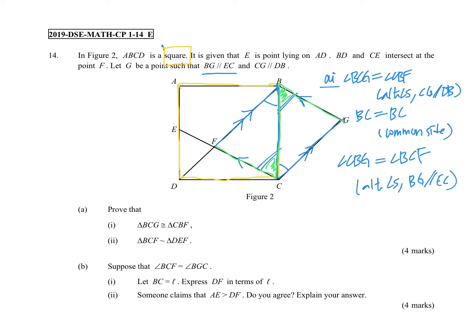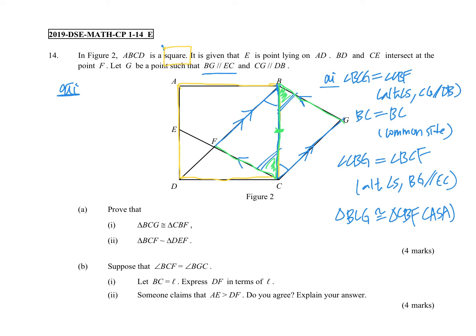So referring to the diagram, you can see that the two triangles are congruent because of ASA. ASA instead of AAS because we included the included side in proving the congruence of triangles. So that's A1, and then A2.